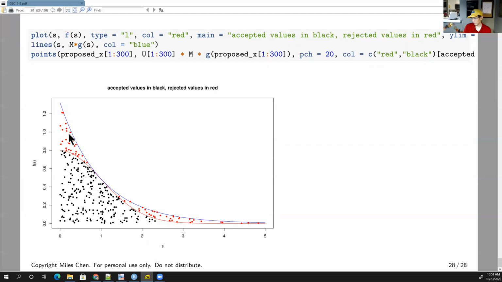In areas where the exponential proposes too many, some of those get rejected, and in other cases where it fits under it, it matches. So this is the picture that we get. We're proposing values in blue, and then we're only accepting the ones that fit underneath the desired density.